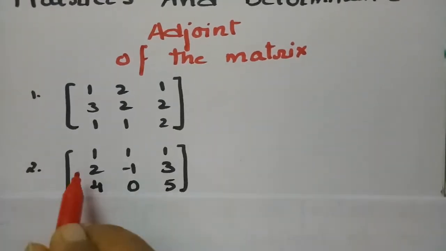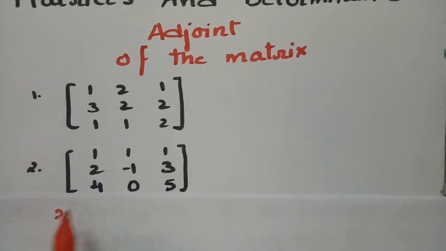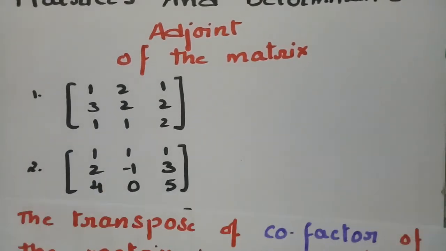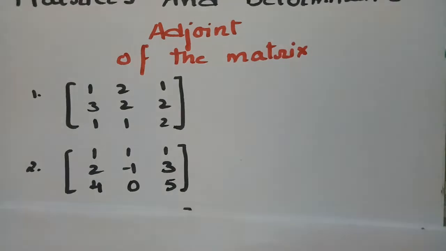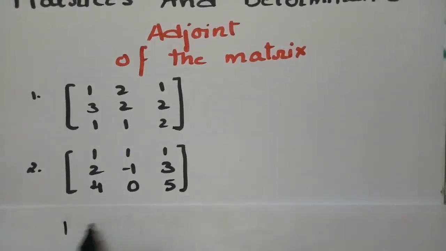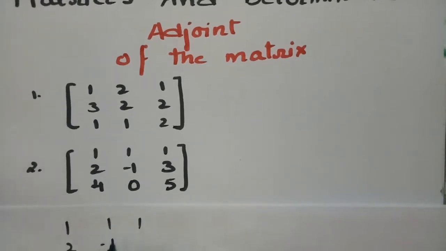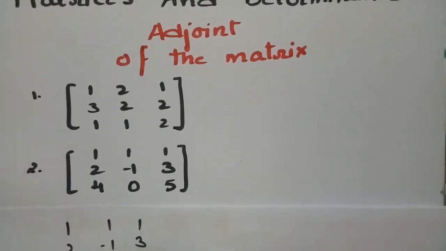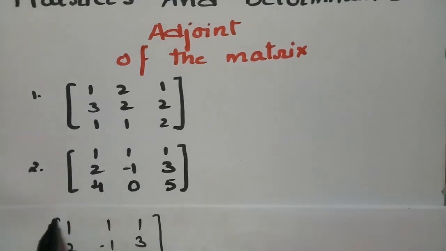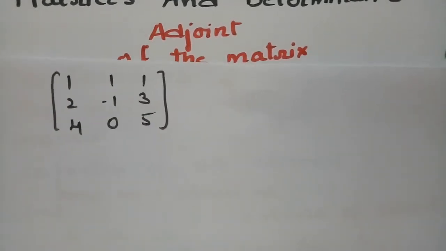See here, this is the matrix: the first row is 1, 1, 1, the second row is 2, -1, 3, and the third row is 4, 0, 5. We have to find the minor as well as the cofactor.